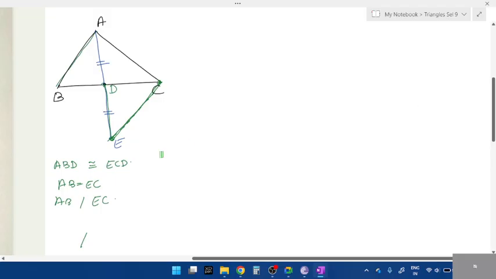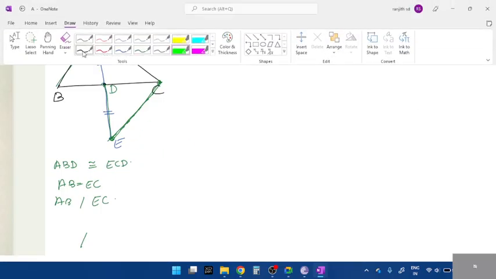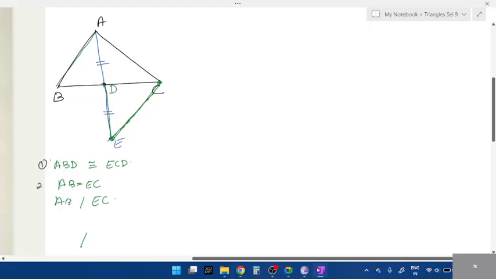Okay, fine. Look at this first question. They asked us to prove ABD, second question, and third question. Parallel line, I'll explain next, after this. First thing, ABD is congruent to ECD. So what we have to do is take out the triangles separately. Draw it like this, ABD.